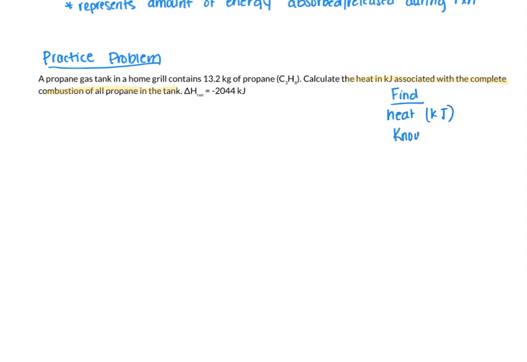Information we already know is that we have 13.2 kilograms of C3H8, and we know that our delta H of reaction equals negative 2,044 kilojoules. Now our strategy is going to be to use stoichiometry.